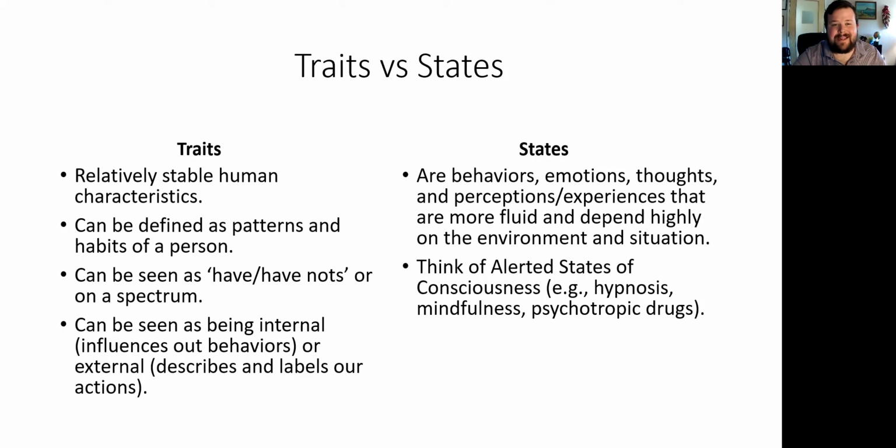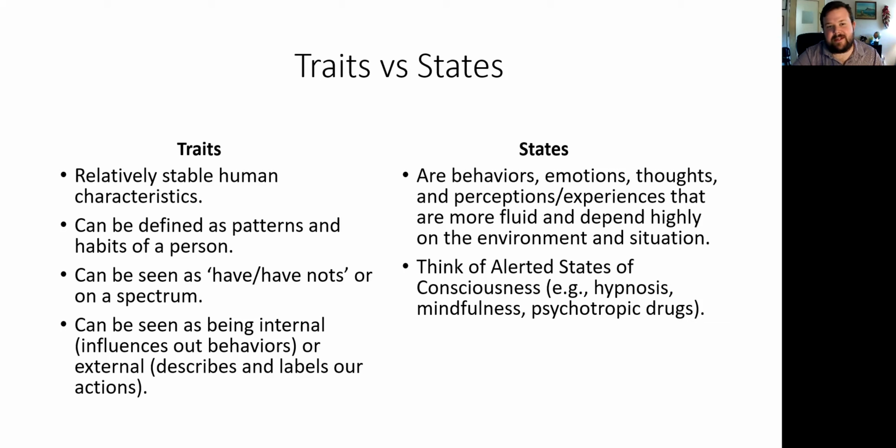It can be defined as patterns and habits of a person. Again, so that's what trait theory essentially entails. We're describing what makes up someone, and we hopefully can predict how they're going to act in the future. So we're hoping that these patterns are rather stable.